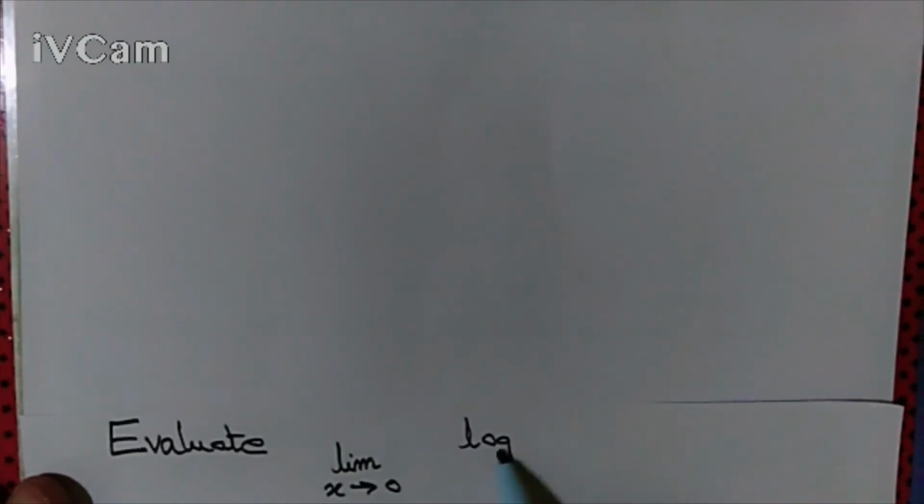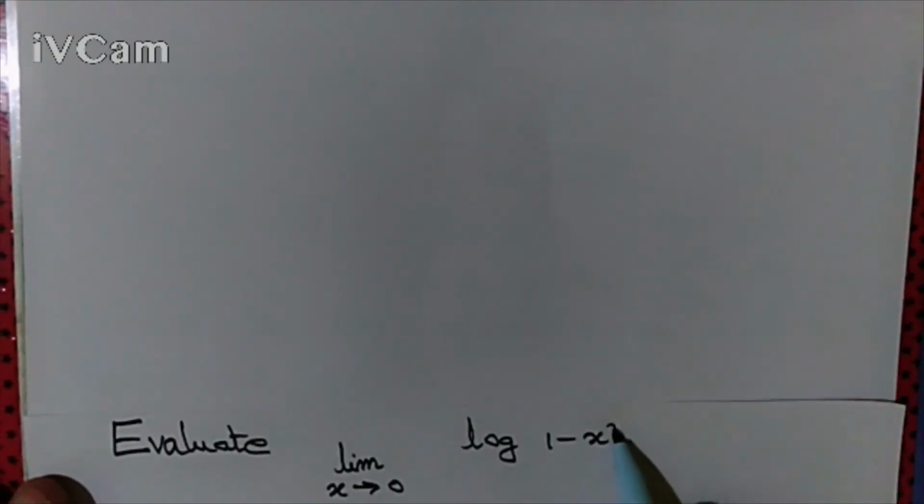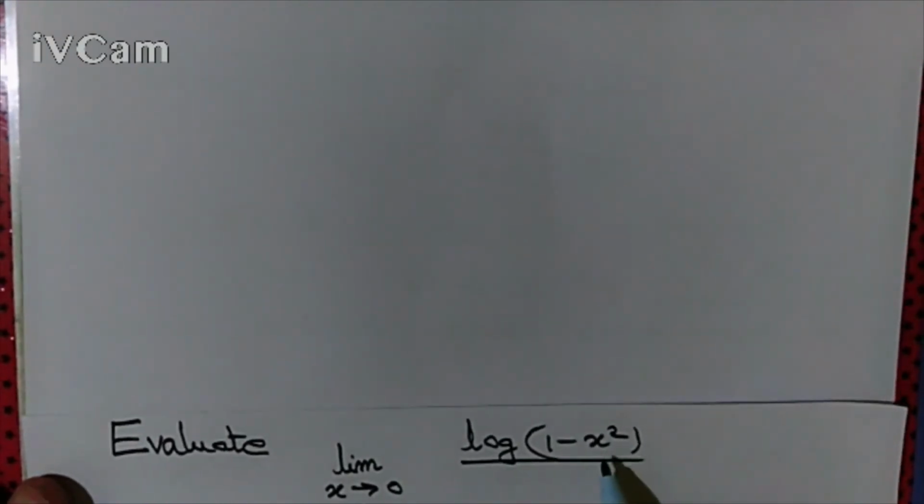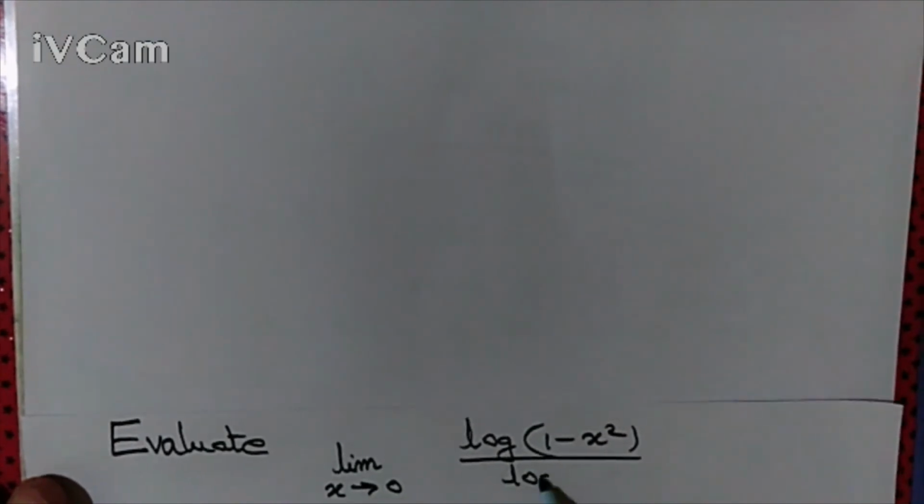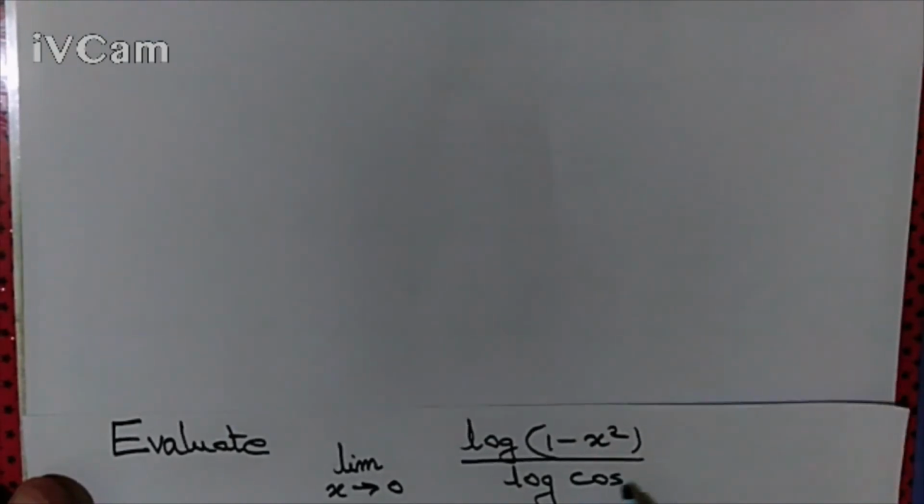Let's do a problem on L'Hopital rule. So we have the question, evaluate limit x tends to 0 log of 1 minus x squared divided by log of cos x.